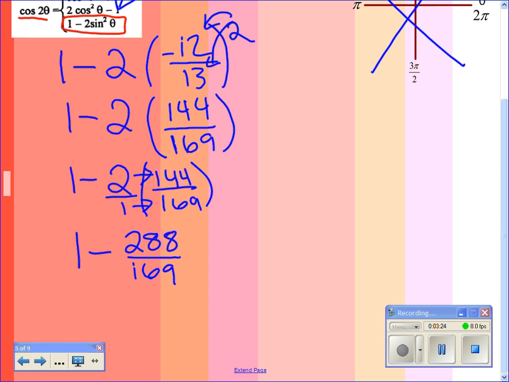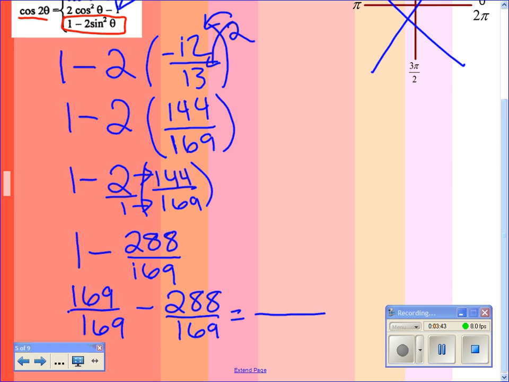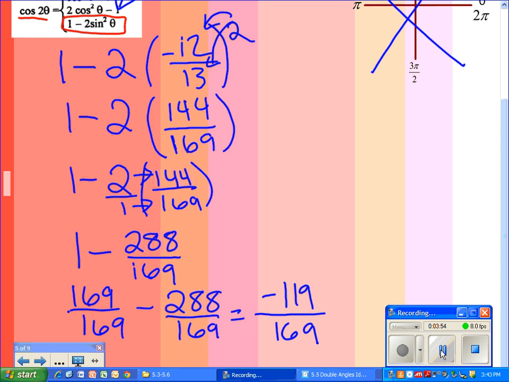In order to subtract, we need to have a common denominator, so let's rewrite 1 as 169 over 169 minus 288 over 169. And we calculate 169 minus 288, and it equals negative 119 over 169. And that's our answer. That's the cosine.